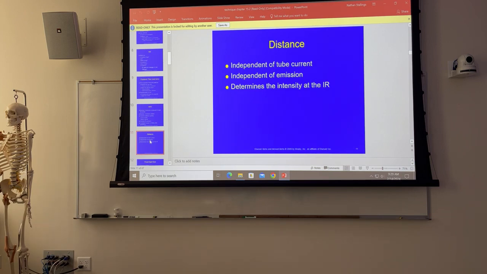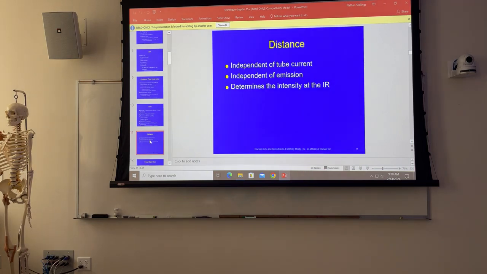So that behaves according to the inverse square law. The inverse square law says that as you increase your distance, in this case SID, the source of electromagnetic radiation, the intensity striking the image receptor, that is the intensity output from the X-ray tube, will drop by the square of the change in the distance, right?